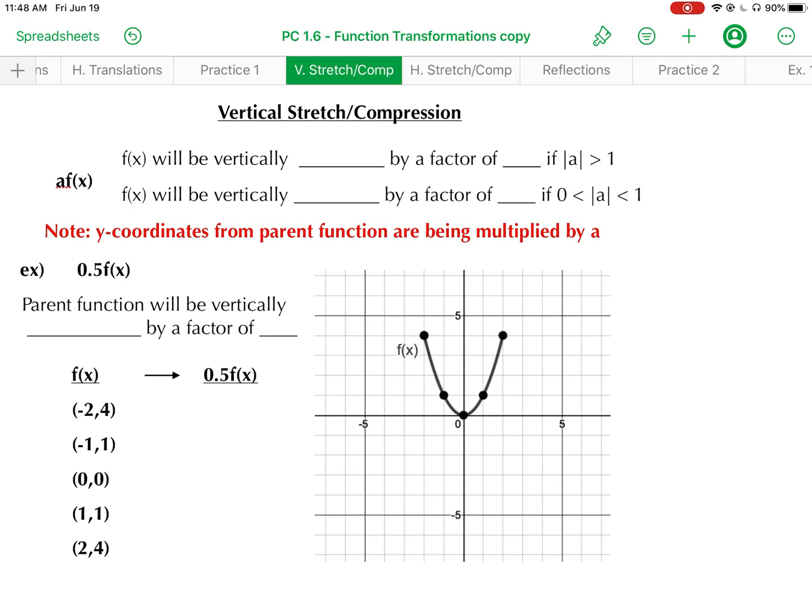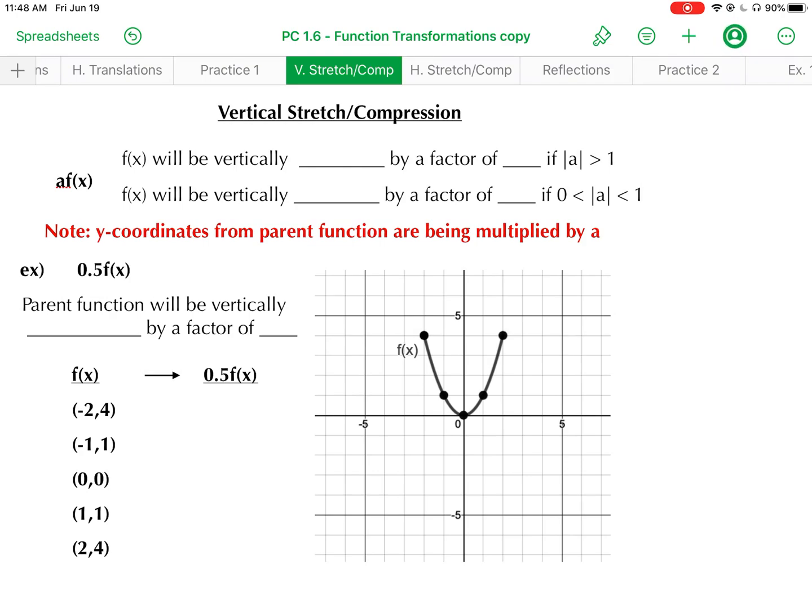In the case of a times f of x, when the absolute value of a, now notice I didn't take into account any negatives for a. That's because whether it's positive or negative doesn't matter in terms of a stretch or a compression. We'll see what the negatives do here later. So in terms of a stretch or compression, I just need to look at the absolute value of a.